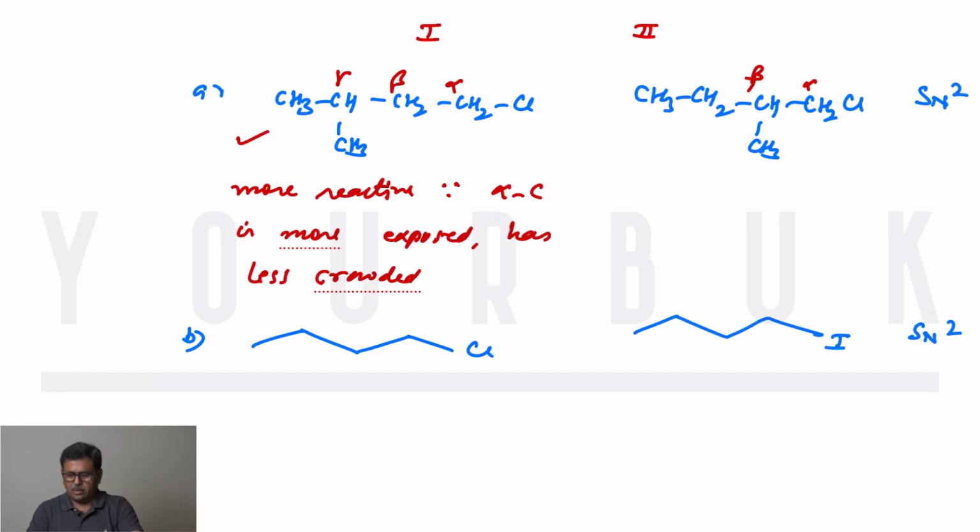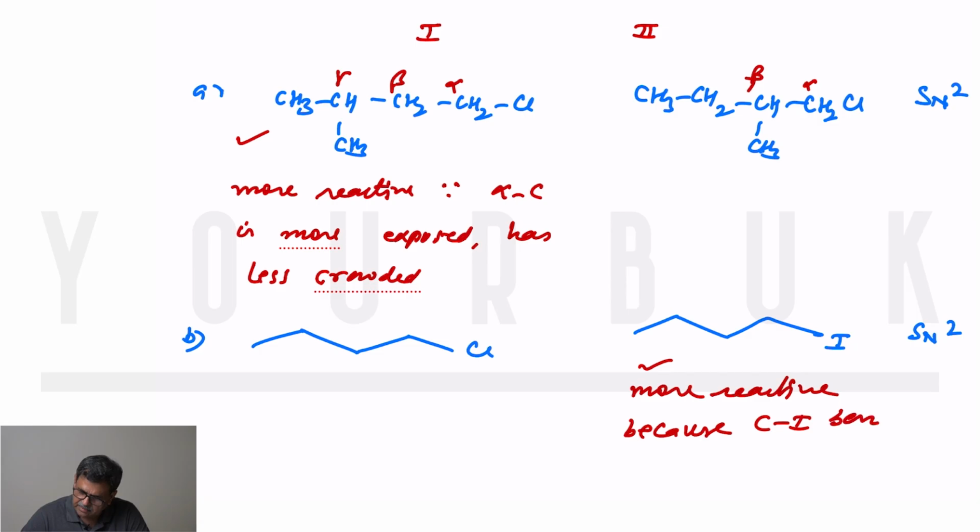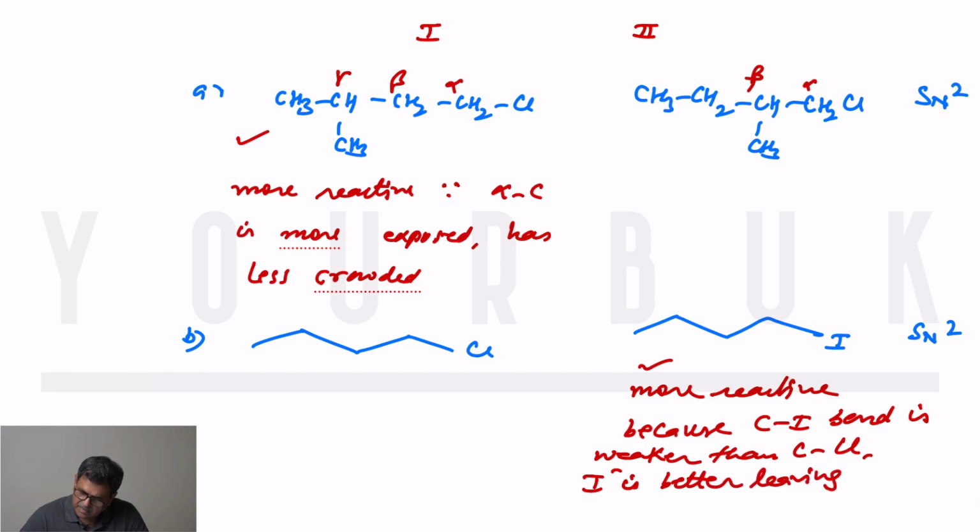Now see, both compounds have the same alkyl group, but this one is more reactive because the C-I bond is weaker than C-Cl, and I minus is a better leaving group than Cl minus. So this way you can decide the reactivity of the haloalkane towards SN1 or SN2.